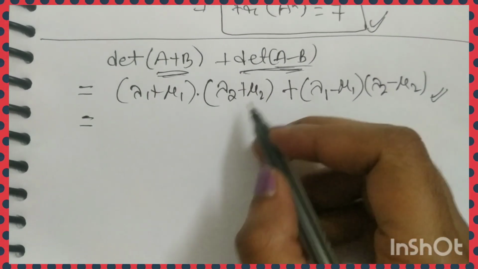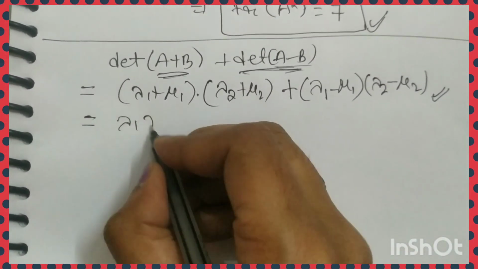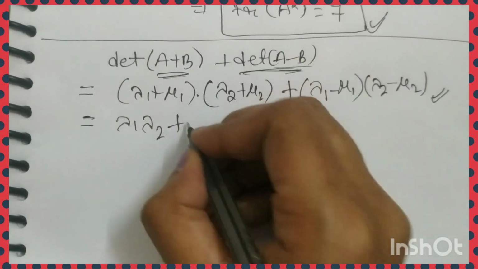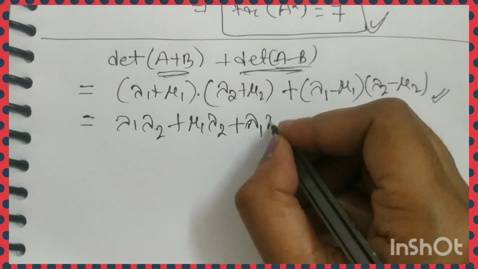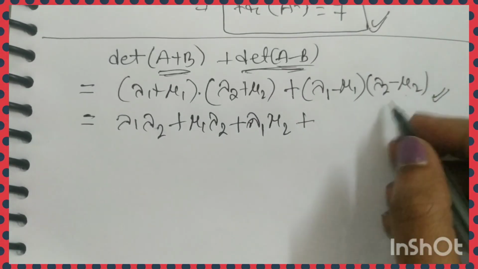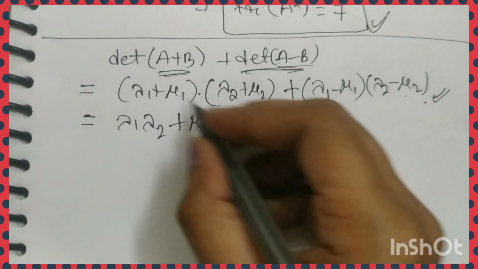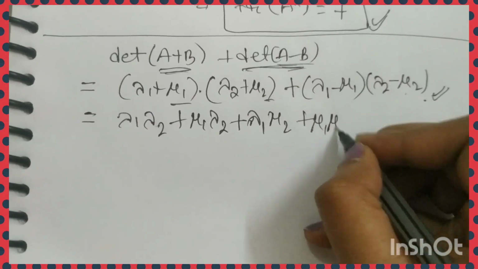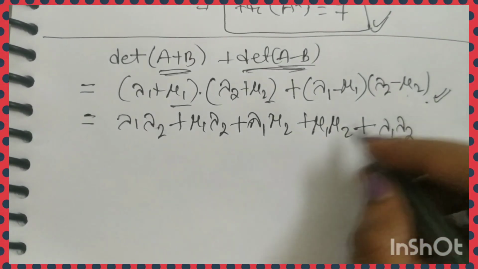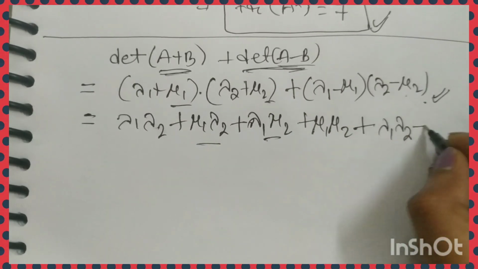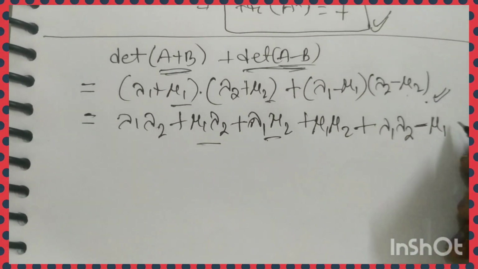When you solve it, you will get lambda 1 lambda 2 plus μ1 lambda 2, and plus lambda 1 lambda 2, and wait, one more term, μ1 μ2, and plus lambda 1 and lambda 2. As you can observe, these two terms are in minus. Hope I am doing it correctly.